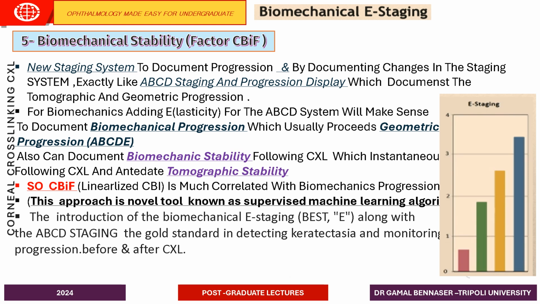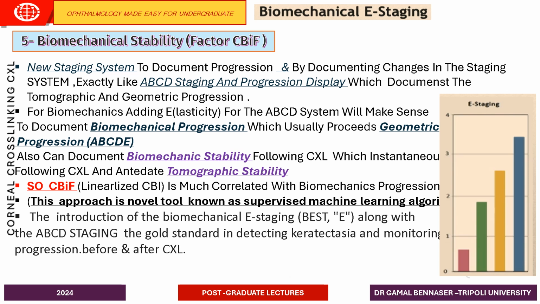Now, this CBIF is a useful tool to reflect the stiffness and the elastic changes that happen in the cornea, so that by measuring the CBIF as the first step, we can stage and classify the cornea at what stage, by dividing into different groups similar to the ABCD system, so that we can set up a staging system for the patients.